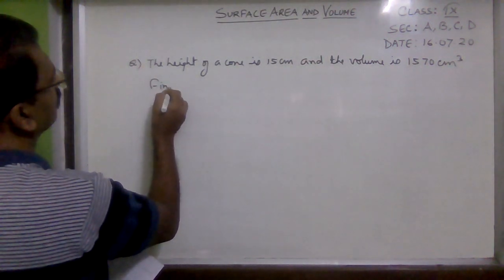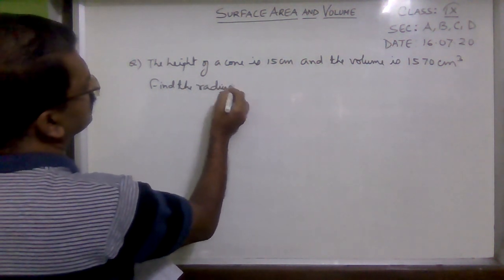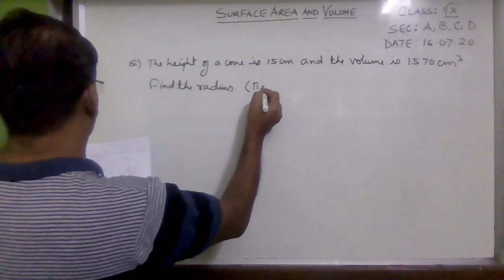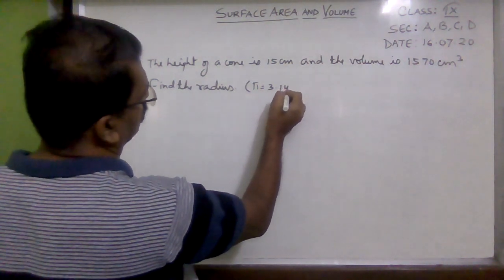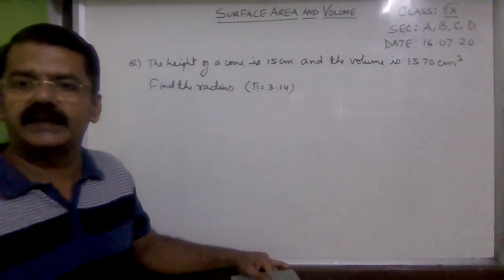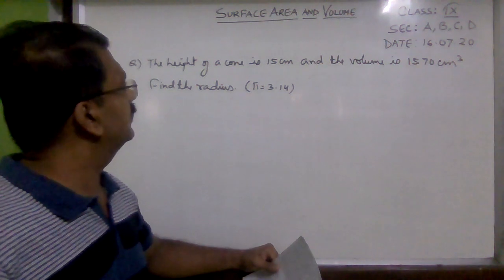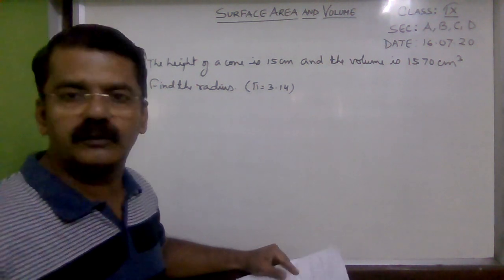Find the radius. Now in this question they have given that pi is equal to 3.14. So they have given the value of pi that we must take is 3.14 and the height is given 15 and you have to find the radius.